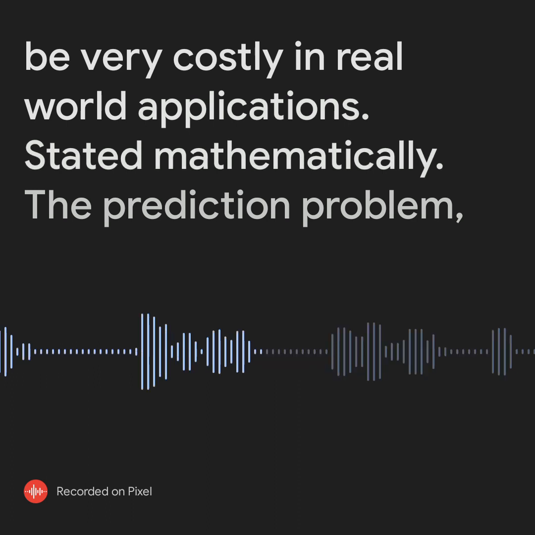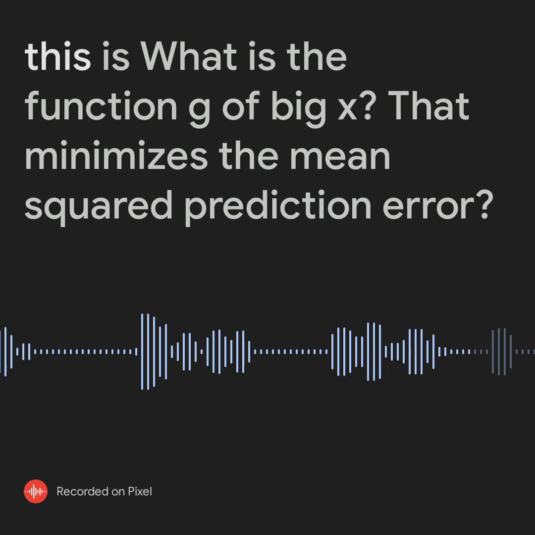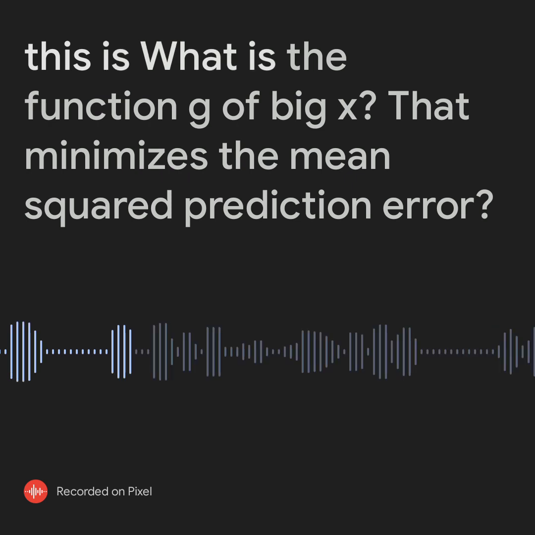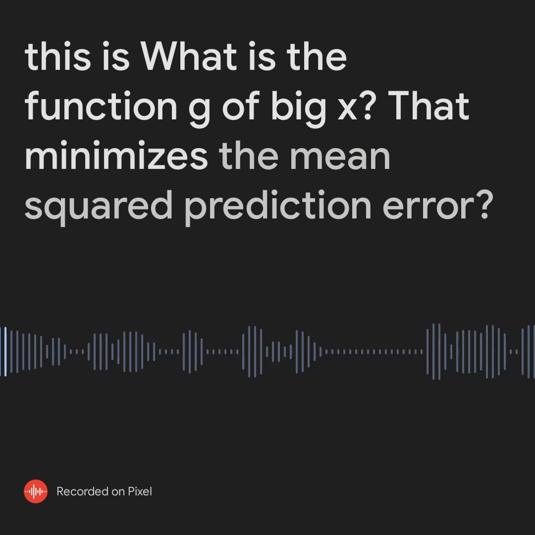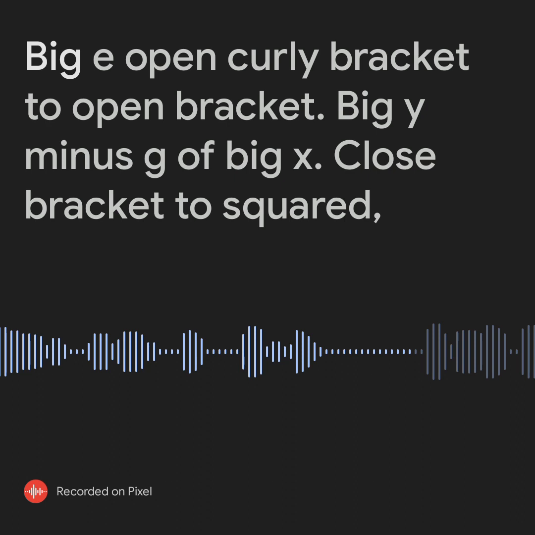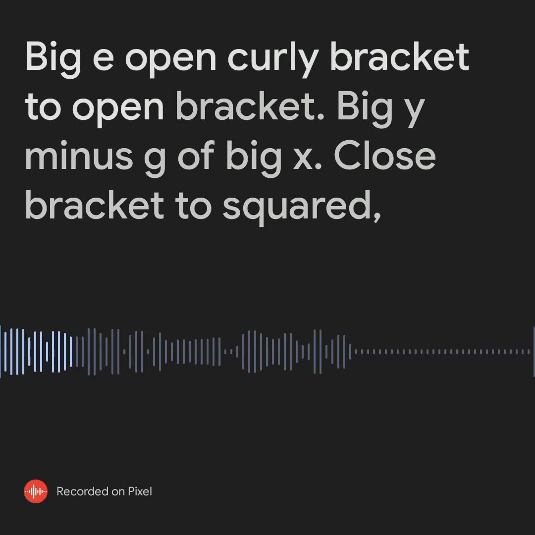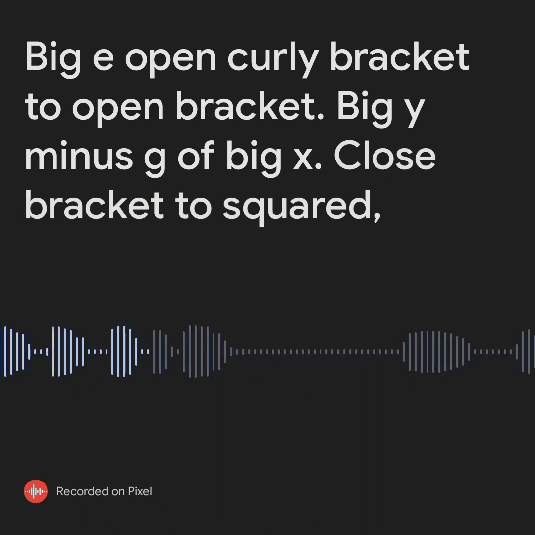Stated mathematically, the prediction problem thus is: what is the function g of big X that minimizes the mean squared prediction error, big E of (big Y minus g of big X) squared?